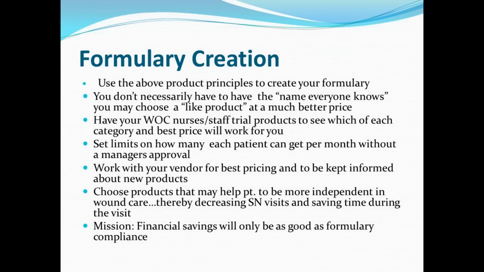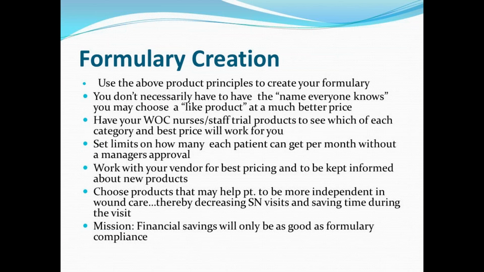Then you need to work with your vendors for best pricing on products. Look at prices that maybe they get best pricing on. Ask them for 2, 3, 4, 5 products within a category. Trial them. See which ones you're happy with. Which ones provide well enough that you may be willing to use that product in place of possibly another product that would cost you more money.